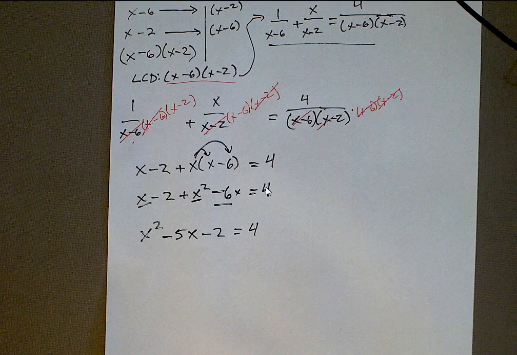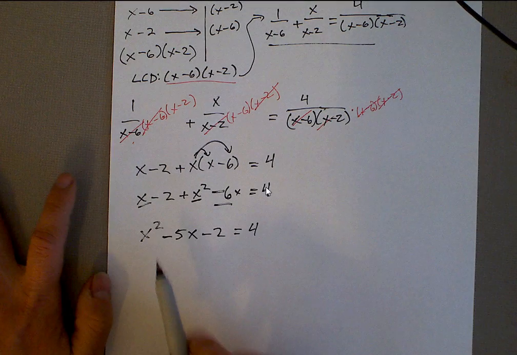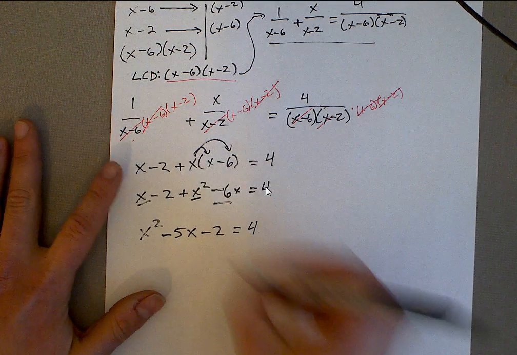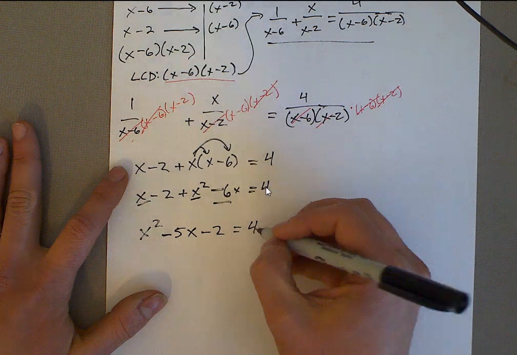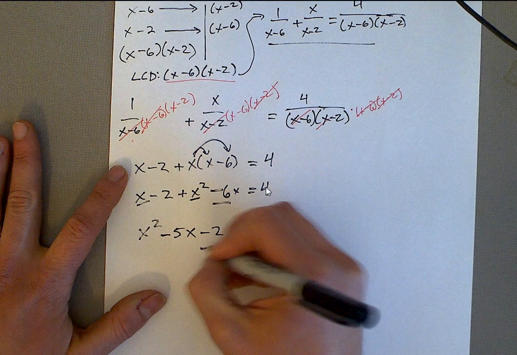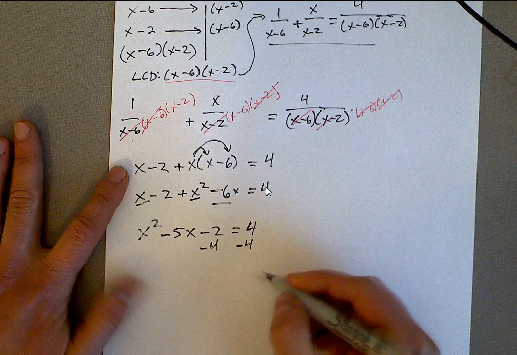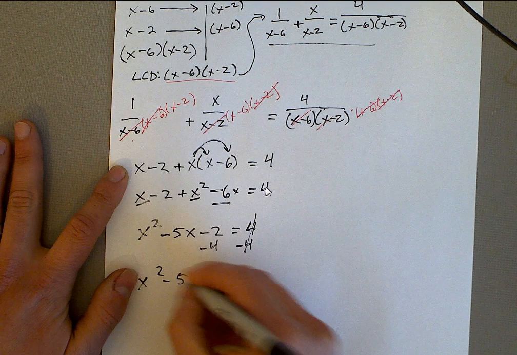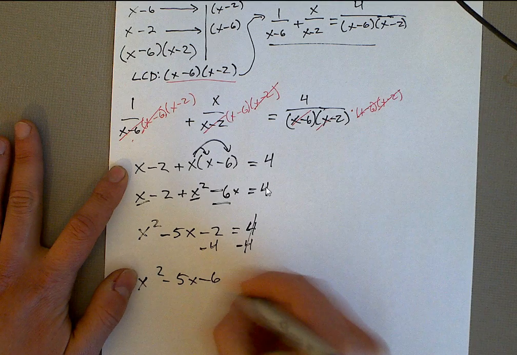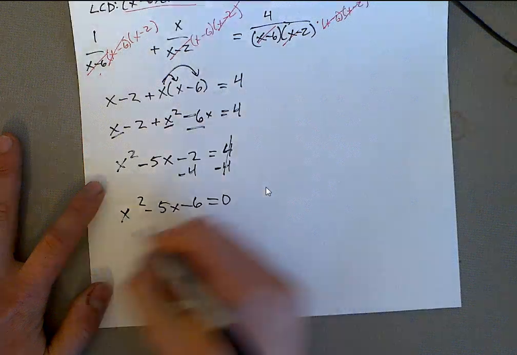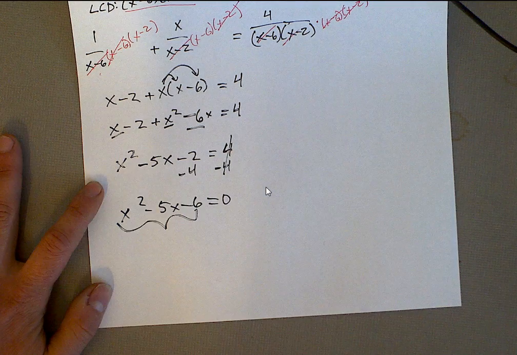So now I'm asking myself what value of x would give me 4, but it could be an easier problem if we make the right side, instead of a 4, a 0. So let's subtract 4 from both sides. That cancels out, and we have x squared minus 5x minus 6 equal to 0. And then let's see if we can factor that.